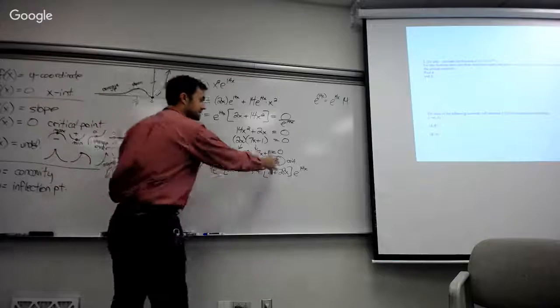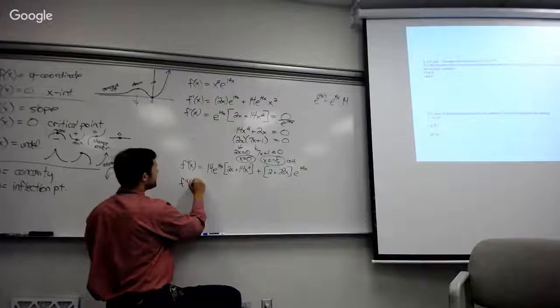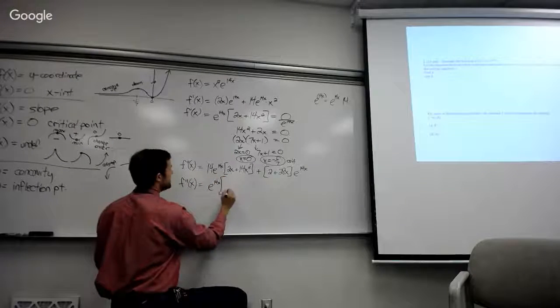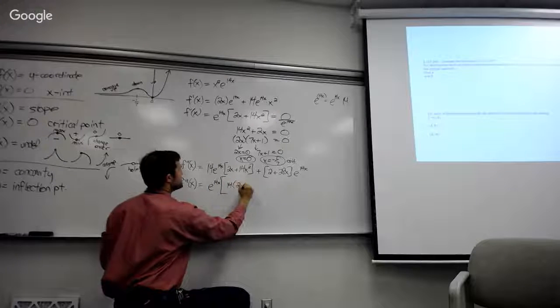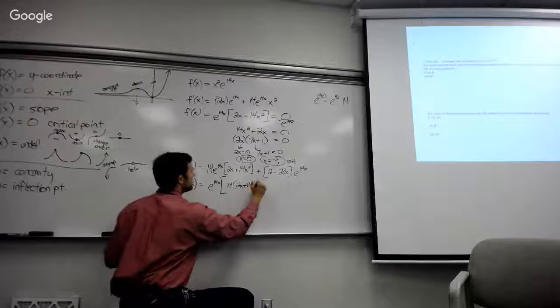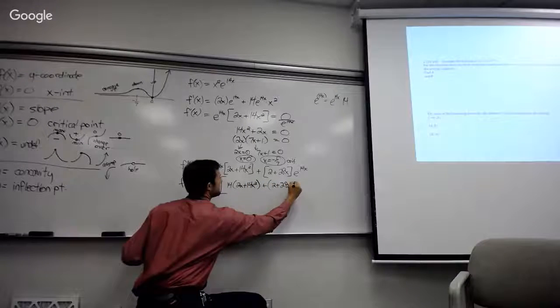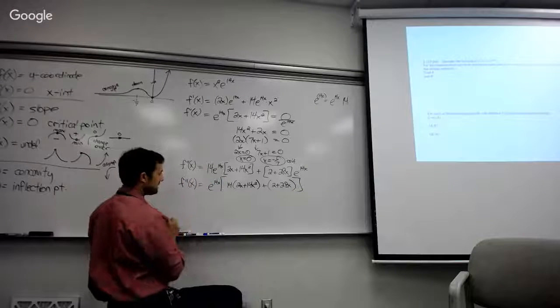Okay, so now how do we clean this up? Pull out the e. So we have e to the 14x, and I'm going to put some big brackets here. That still leaves me with 14 times 2x plus 14x squared, plus 2 plus 28x, with the e to the 14x out in front of all that.